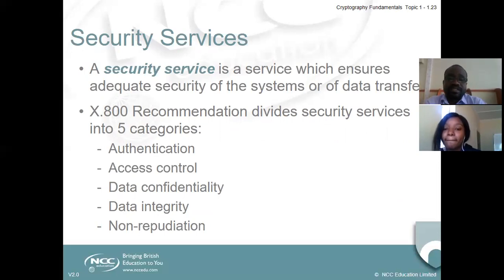Then security services. A security service is a service which ensures adequate security of the system or of data transfer. The X.800 recommendation divides security services into five categories: authentication, access control, data confidentiality, data integrity, and non-repudiation.